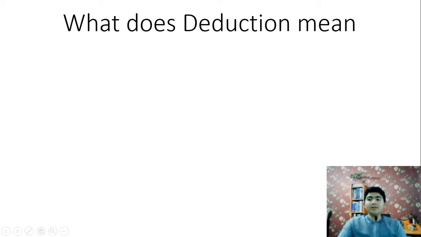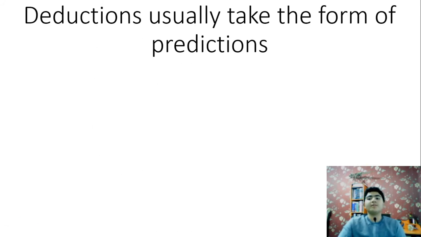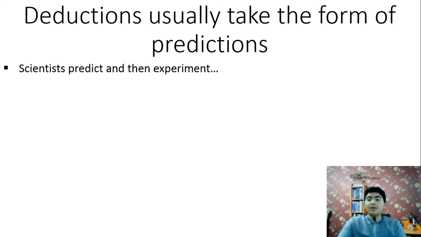So in the scientific process, deduction usually takes the form of prediction: predictions of results that will be found if the hypothesis is correct.